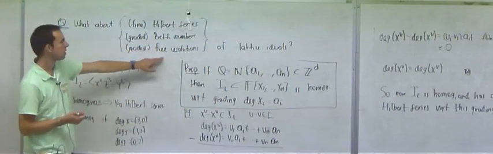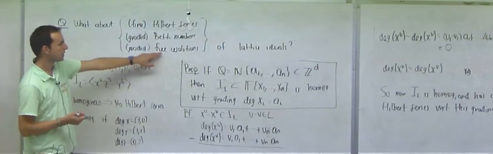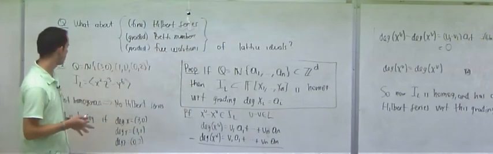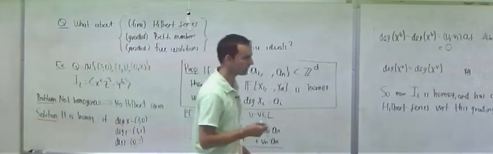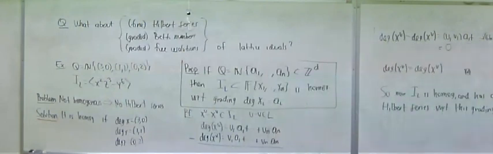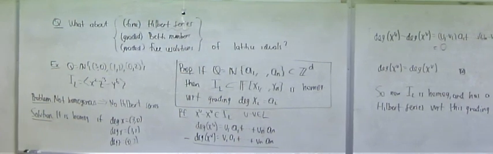Okay? And so what I want to do now is carry that out in a couple of examples so that we can see how this works. Okay? So maybe what we'll do is talk about Betti numbers of lattice ideals.